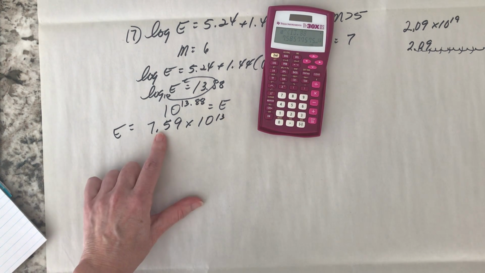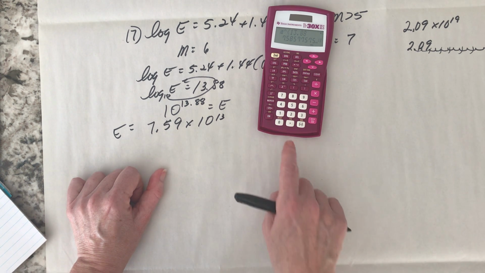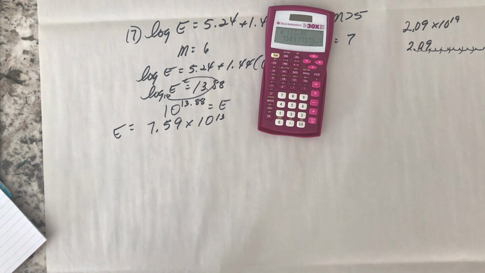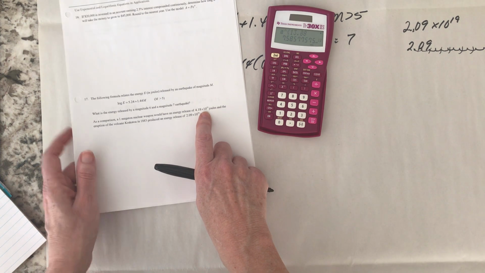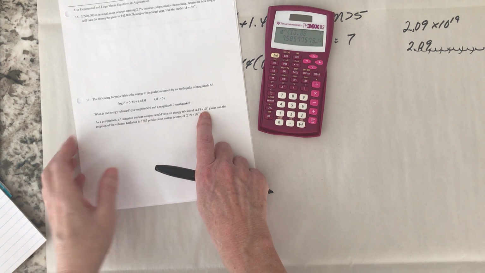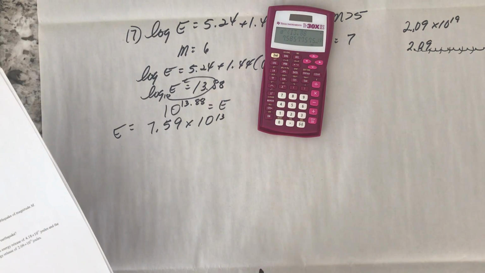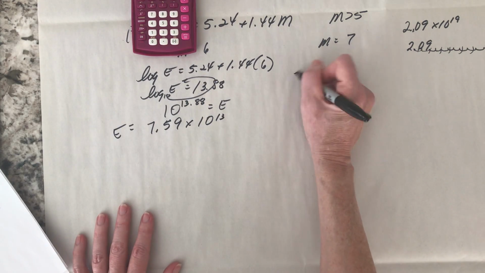To get the actual number, you'd have to move that decimal point over 13 places, and you'd have this huge number. This is a magnitude 6 earthquake. An earthquake of magnitude 6 is still smaller than the 1 megaton nuclear weapon by about 100 times. Let's look at if we jack it up to a 7 earthquake.